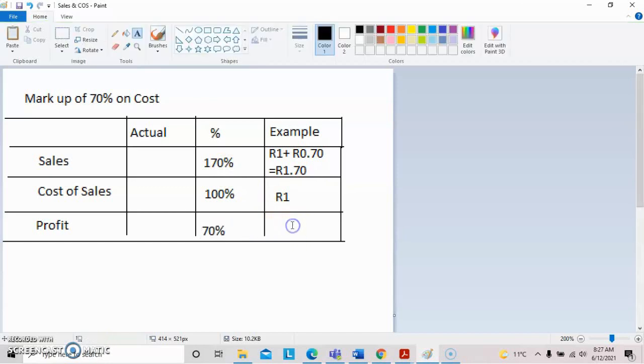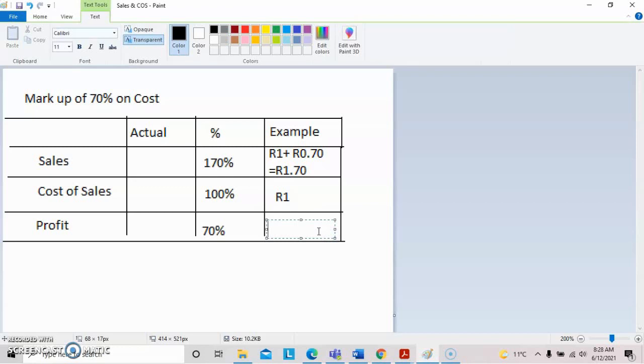Okay, so with this one here, the example, it means that we are going to say 170 minus R1, right?